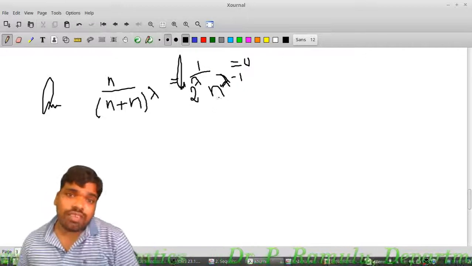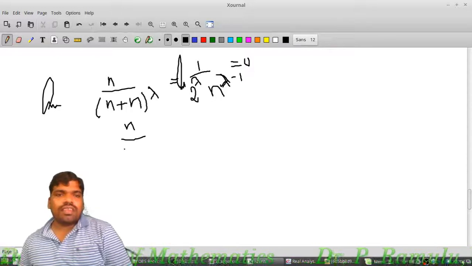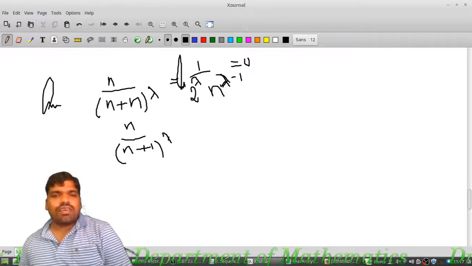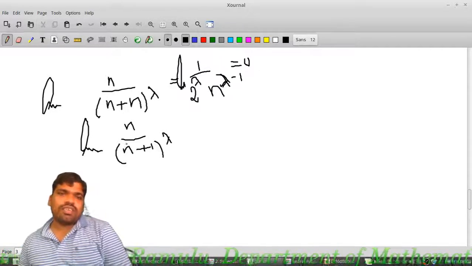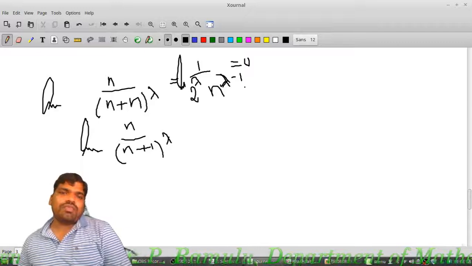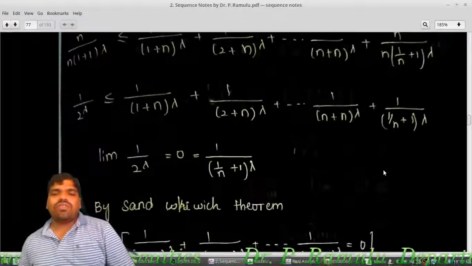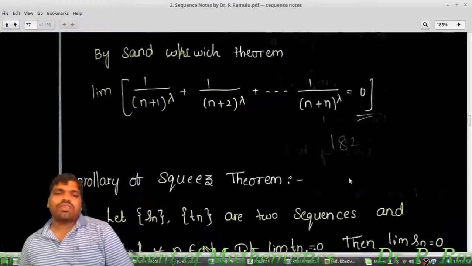Again n by n plus 1 power lambda. If I take the limit, you can take n common out, n power of lambda minus 1 whole power, that will be 0, that also 0, right?